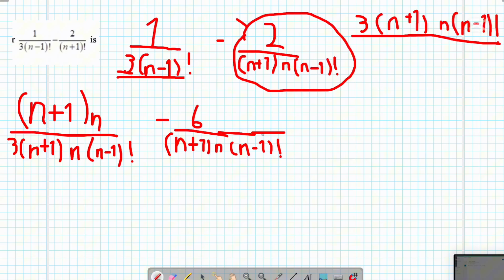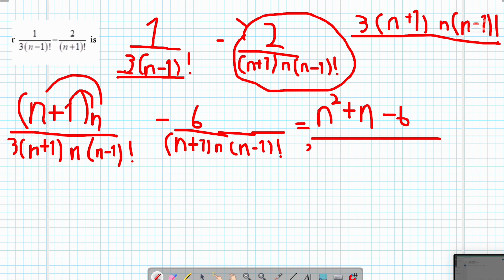Okay, and now we're going to distribute here and subtract 6, so that will lead to n squared plus n minus 6 over 3 times (n plus 1) times n times (n minus 1) factorial.